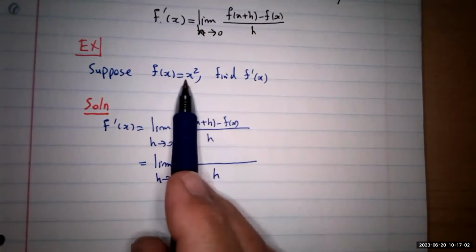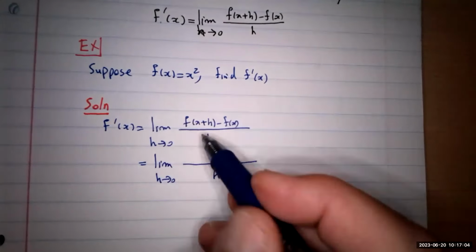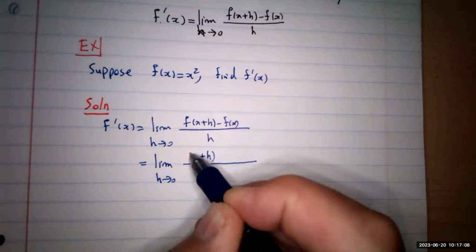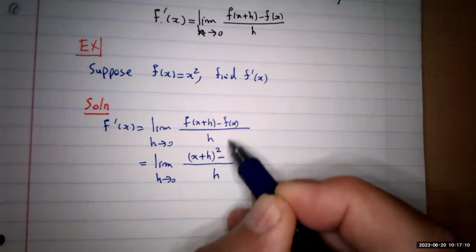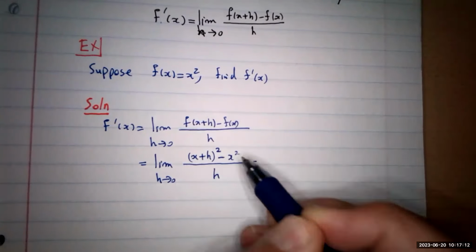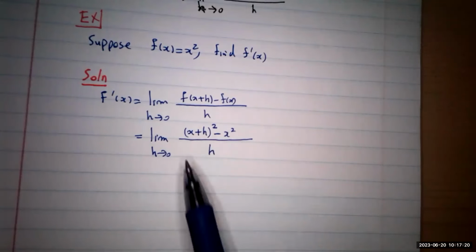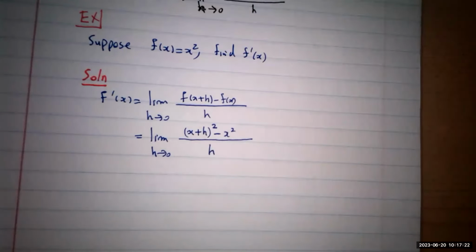You see, this is f of x, replace x by x plus h. So that gives x plus h all squared minus f of x, which is x squared. I just substitute x plus h squared, if you know the square of a binomial, otherwise x plus h times x plus h.